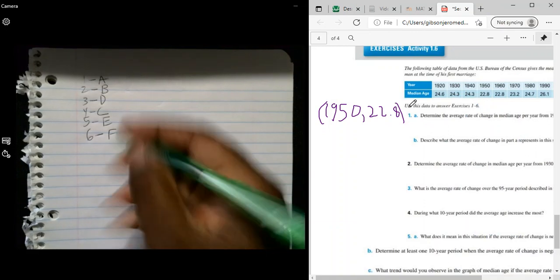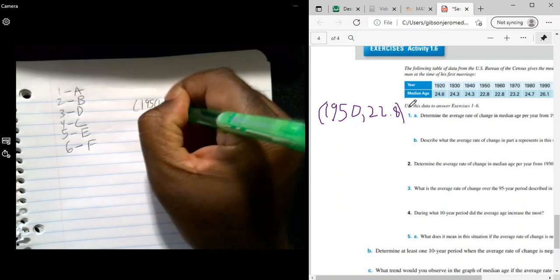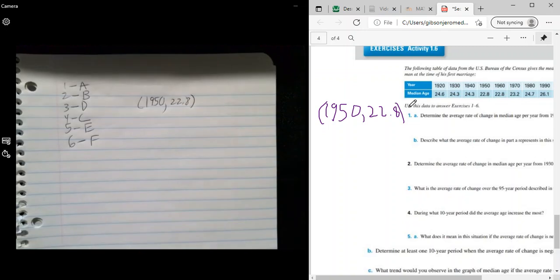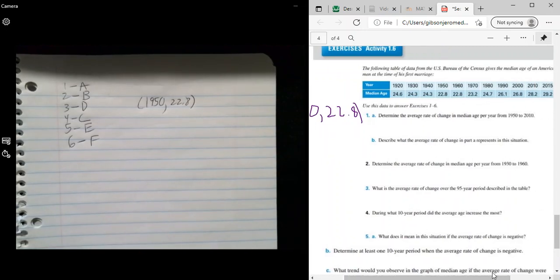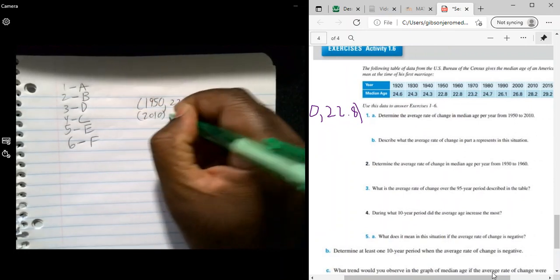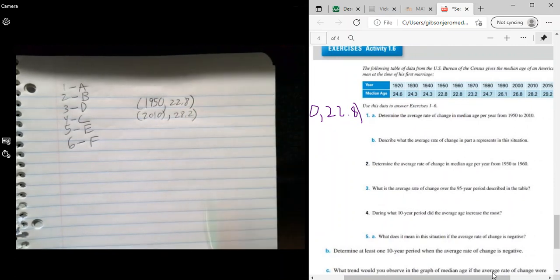Okay. So we were at 1950, and it'll be 22.8. All right, and then we would do 2010, and it would be 28.2. Now they asked us here to determine the average rate of change in median age per year from 1950 to 2010.